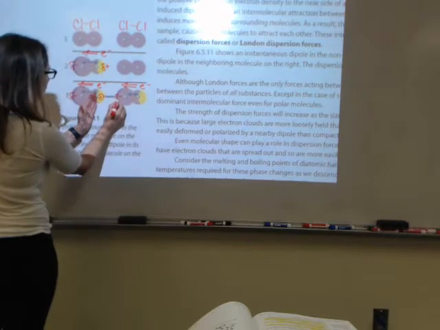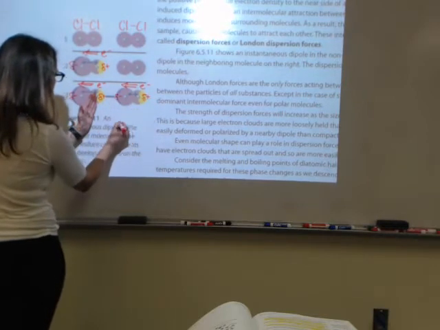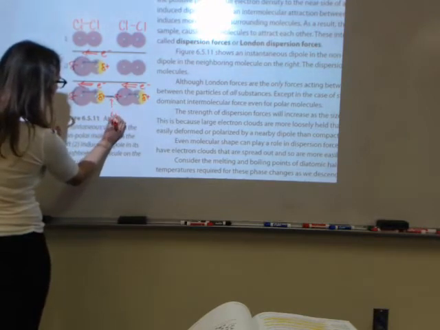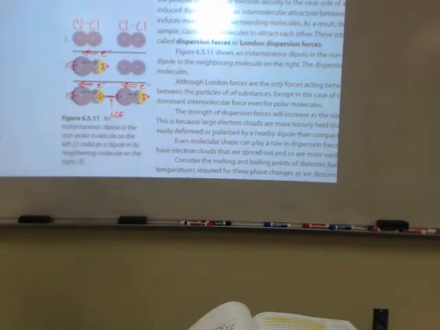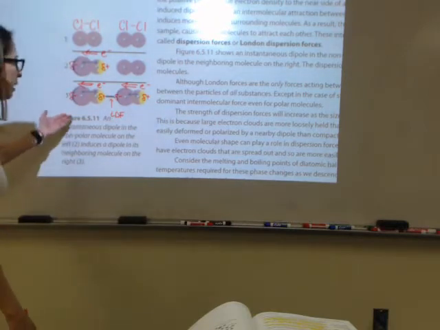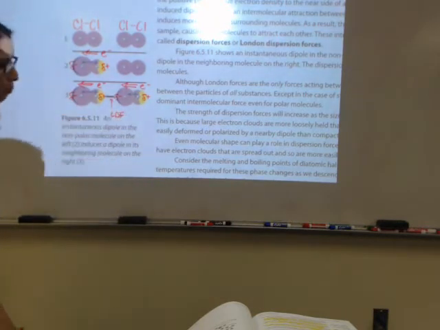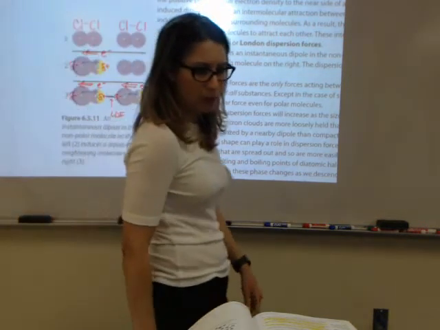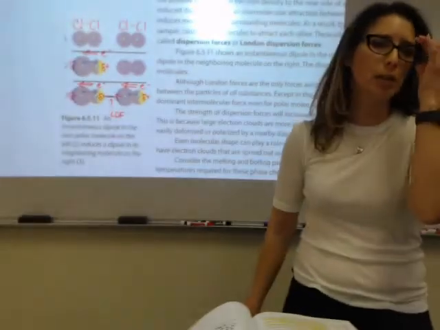So now I have a partial negative on this end of the molecule with a partial positive on the other, and this interaction in between them is my London dispersion force. This instantaneous dipole within the molecule induces the dipole in the neighboring molecule, and that's how I get this London dispersion force.